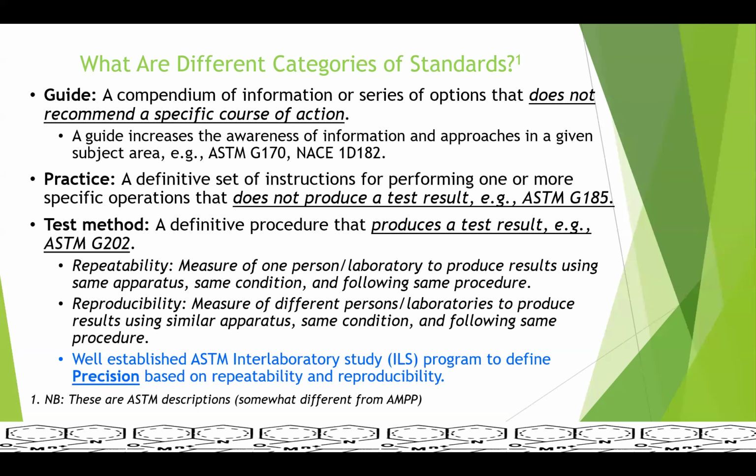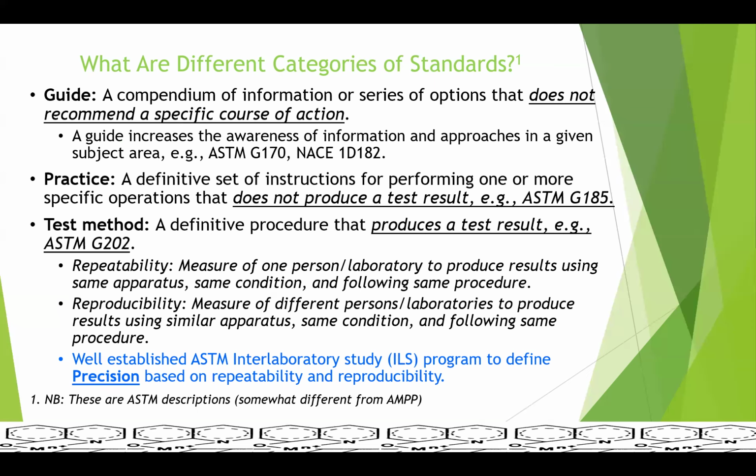The ultimate goal of standardization is a standard test method, which is a definite procedure that produces a test result. In other words, if you follow a step-by-step procedure, this is what you should get. That is a precision statement. The only standard that is available for inhibitor efficiency evaluation is ASTM G202.